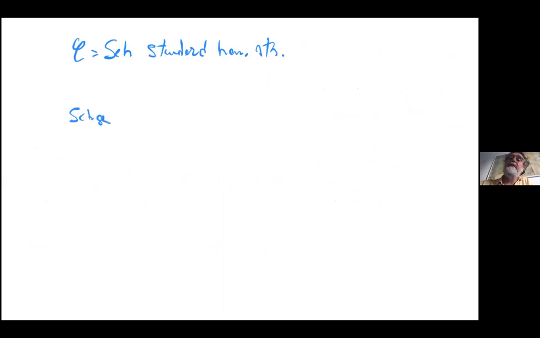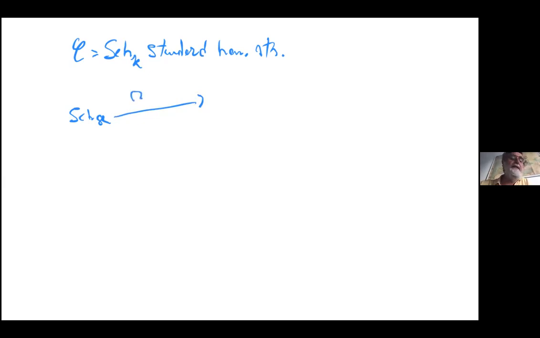So the very last thing that I have to say is about schemes. In some sense it is the conjectural picture. What about schemes with the standard homological structure? In this case, we have schemes of finite type over a field, and so finite dimensional. We have the functor that I was saying before.